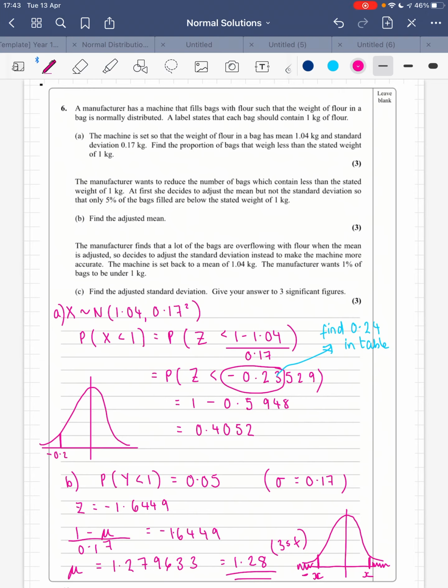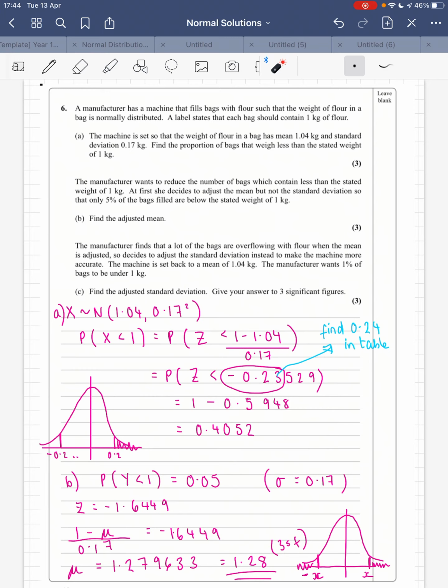That would have the same probability as 0.2, but greater than. And remember, when we're trying to find a probability that's greater than a specific value, we have to do 1 minus the probability that it's less than that value, which is what I've done here.